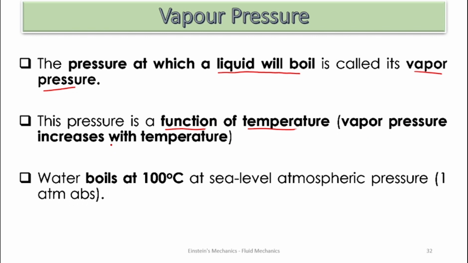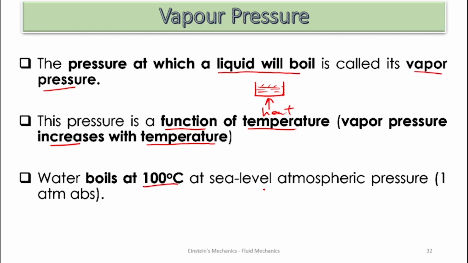Temperature, meaning the vapor pressure increases with temperature. Are we good? The more you apply heat to the container containing the liquid fluid, its vapor pressure will also start increasing. And the pressure at which this liquid will begin to boil is called the vapor pressure.